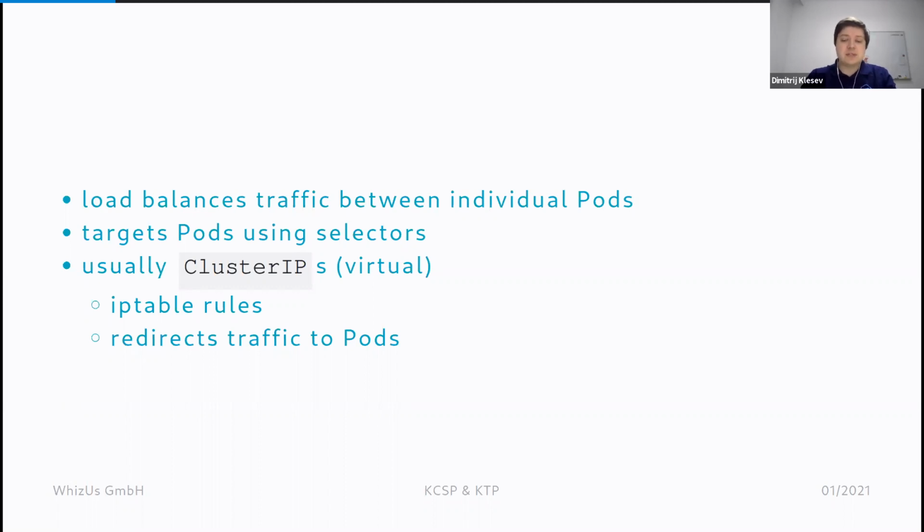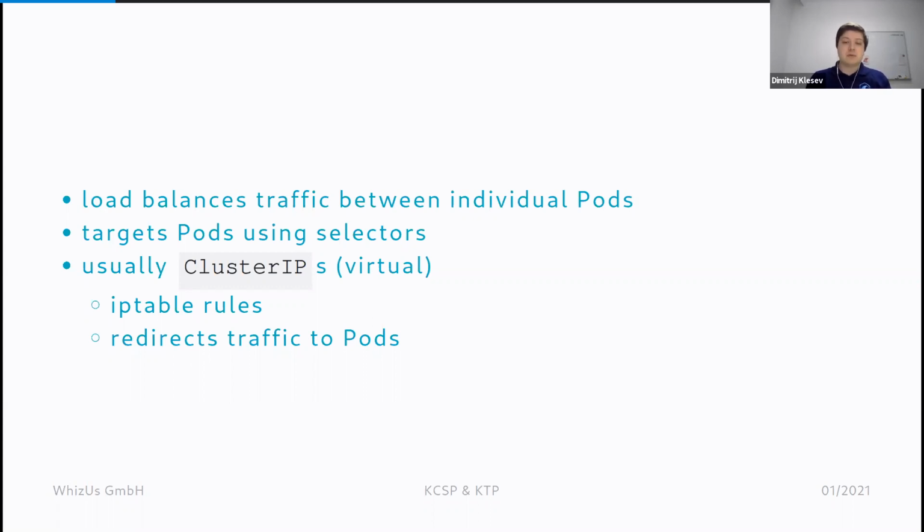And services target different pods behind them using selectors. So you need some labels for your pods, and then you can add this to a service definition, and there you go, your traffic is redirected to your pods behind. And usually if you create services, by default you use ClusterIP as a type.